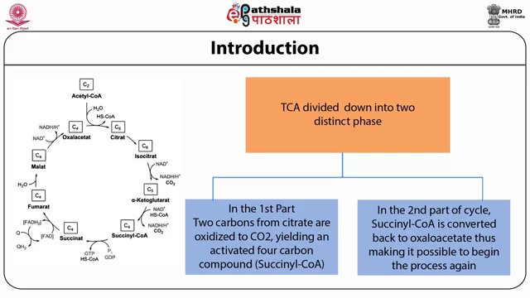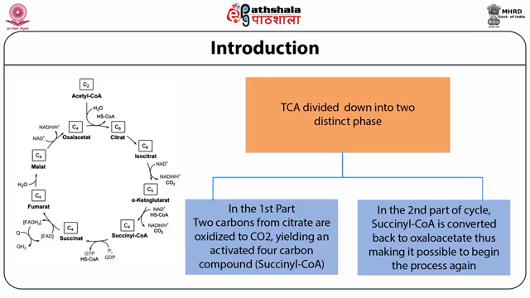Thus, there is no net incorporation of carbon from acetyl coenzyme A in each turn of the cycle. 2 carbon atoms enter the cycle in condensation of an acetyl unit from acetyl coenzyme A with oxaloacetate. 2 carbon atoms leave the cycle in the form of carbon dioxide in the successive decarboxylations catalyzed by isocitrate dehydrogenase and alpha-ketoglutarate dehydrogenase.